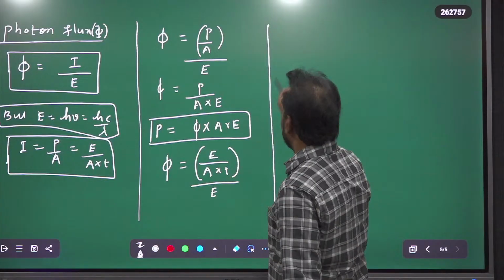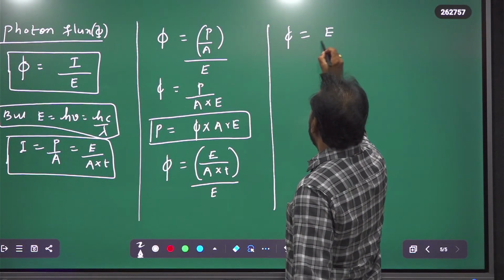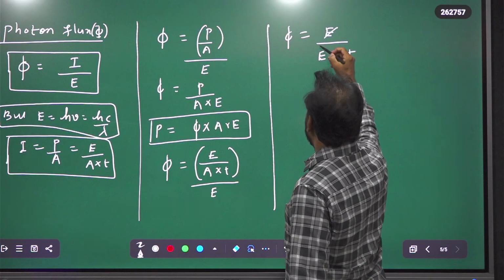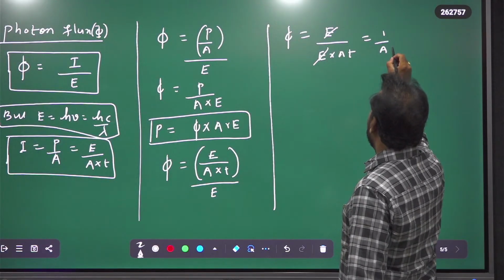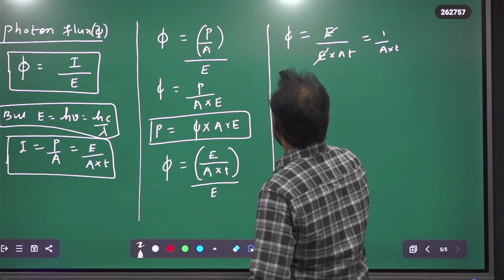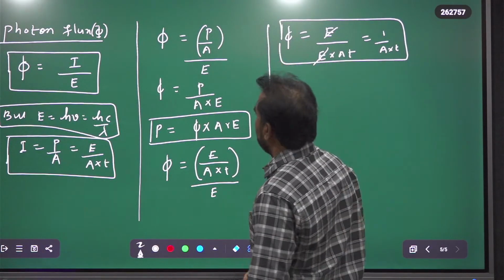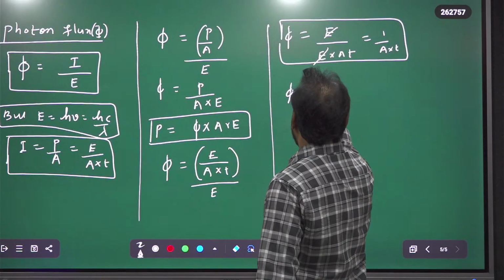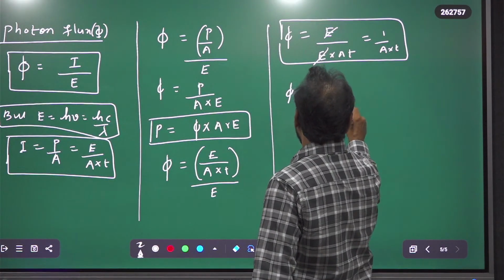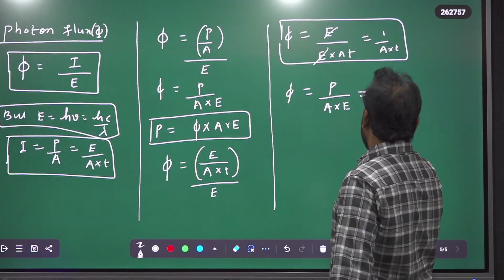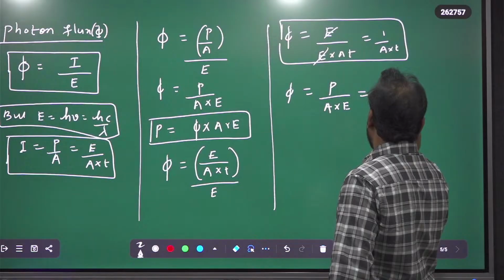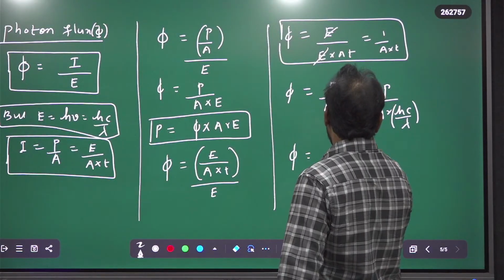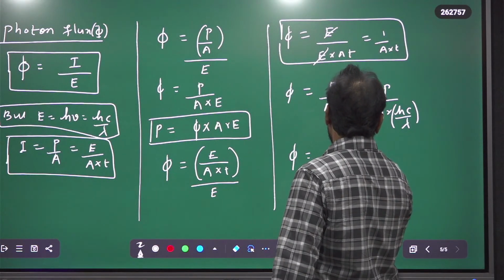Therefore, phi is equal to E upon E into A T, where E gets cancelled out, that is 1 upon A into T. Or in the form of wavelength, phi is equal to P upon A into E, that is P upon A into hc upon lambda, that is phi is equal to P into lambda upon A into hc.